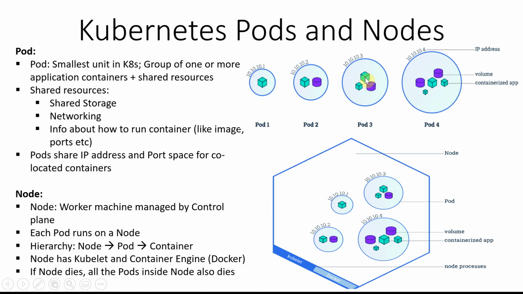It's not required, but it is possible to share the same database between pods. So shared resources play a major role when you're deploying multiple pods and multiple containers in a pod. The pods generally share the IP address and port space for the co-located containers. For example, the IP address is associated with a pod, not with a container.